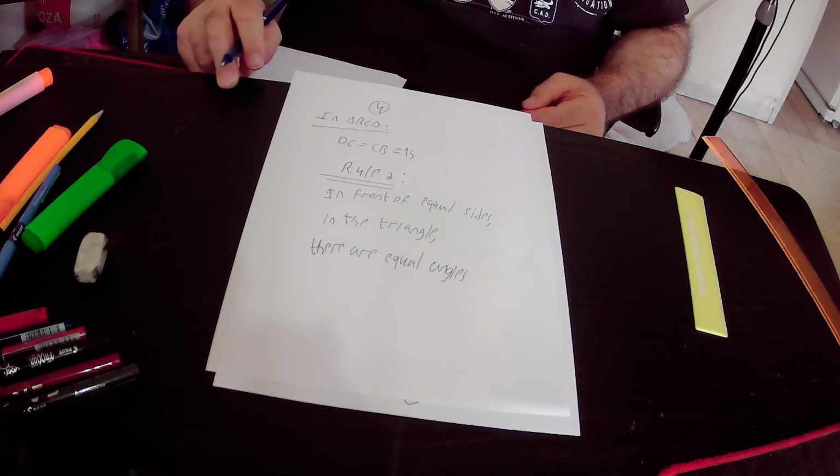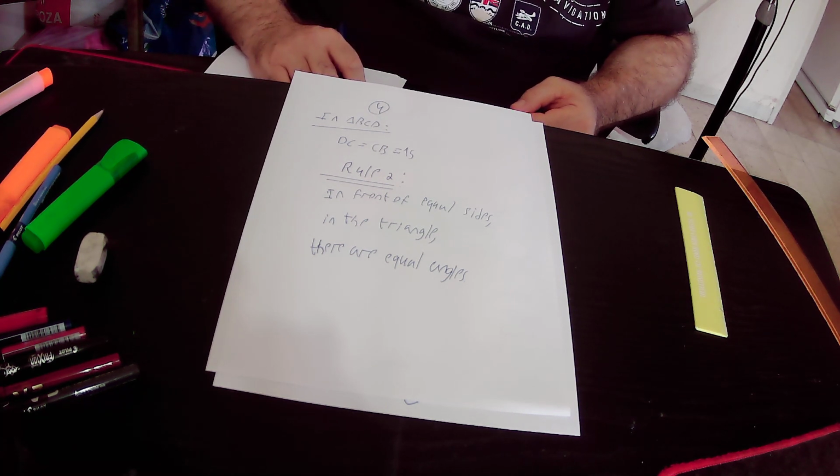Rule number 2 states that in front of equal sides in the triangle there are equal angles.